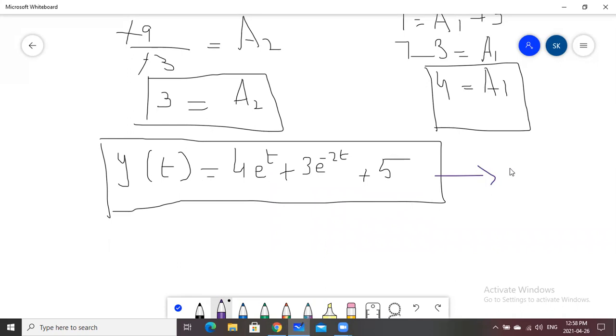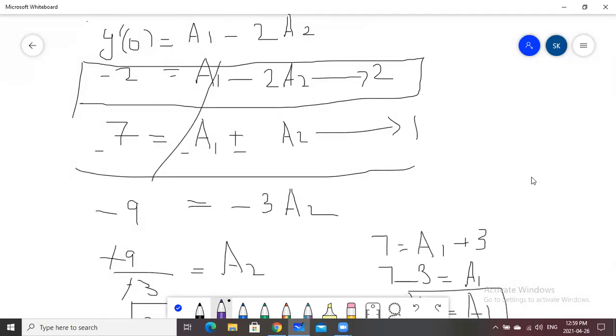Therefore, the definite solution of this differential equation is equal to 4 e raised to power t plus 3 e raised to power minus 2t plus 5. Now, if we take y of 0, it will become equal to 4, because if the value of t becomes equal to 0, we get 4 here, plus 3 plus 5. 4 plus 3 is 7 and 7 plus 5 is equal to 12.